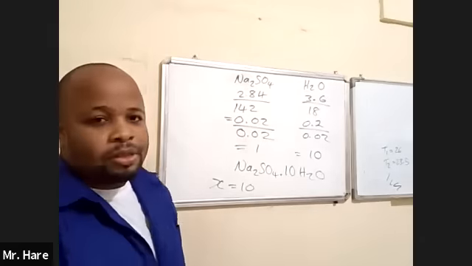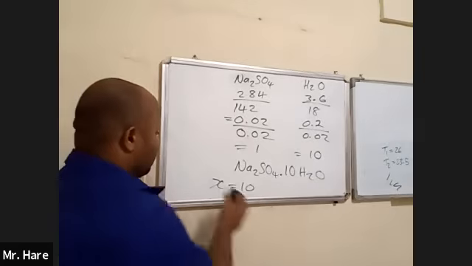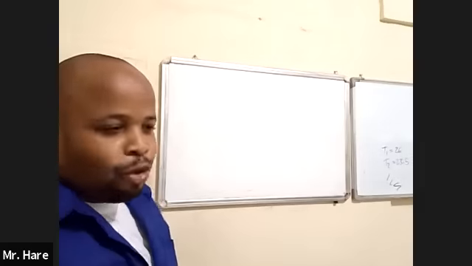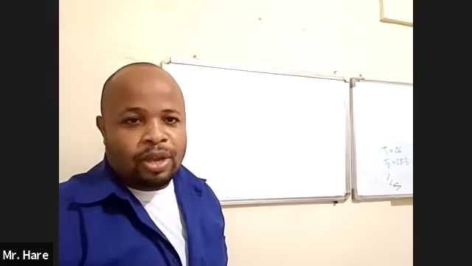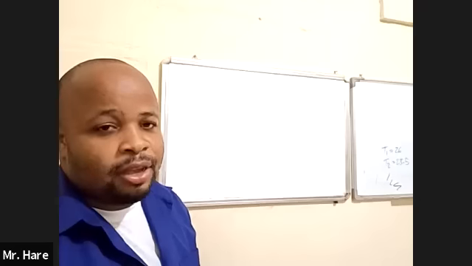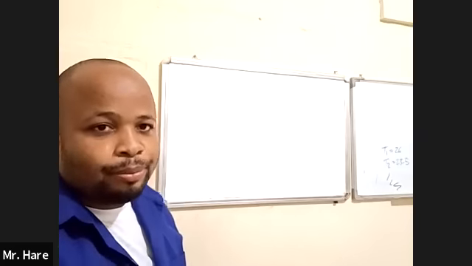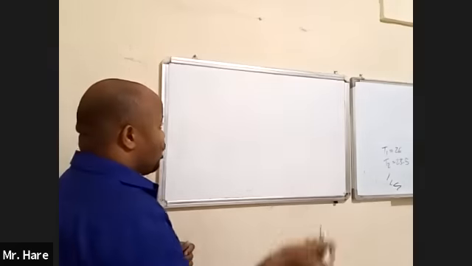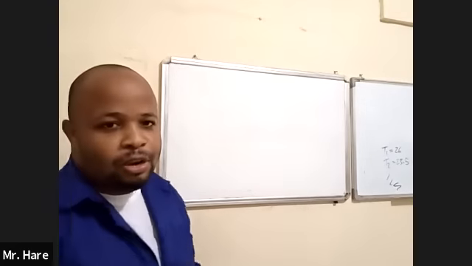All right, so let us look at the procedure now for the second gravimetry. The example I'm going to use: let's say we have a water sample and we want to determine the quantity or concentration of chloride ions present. The first thing you're going to need to do, right?